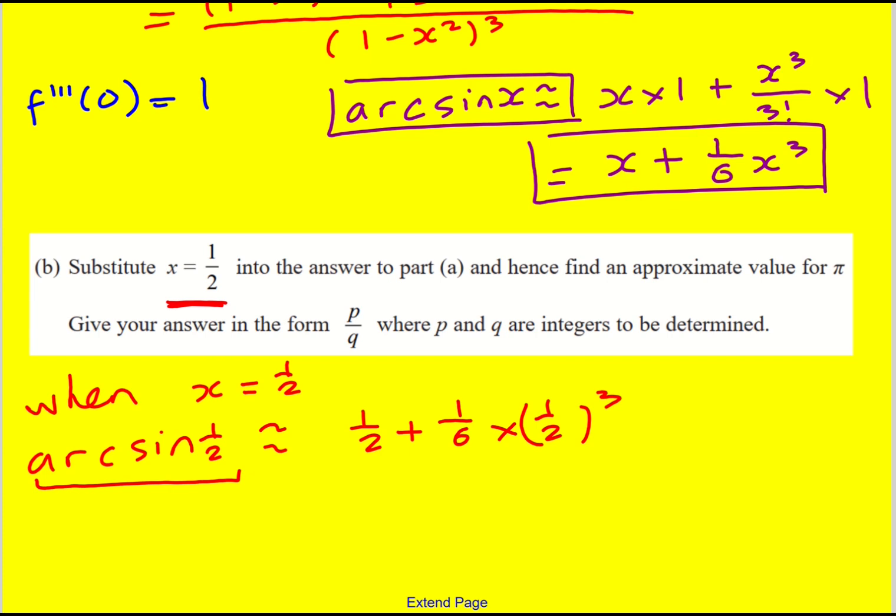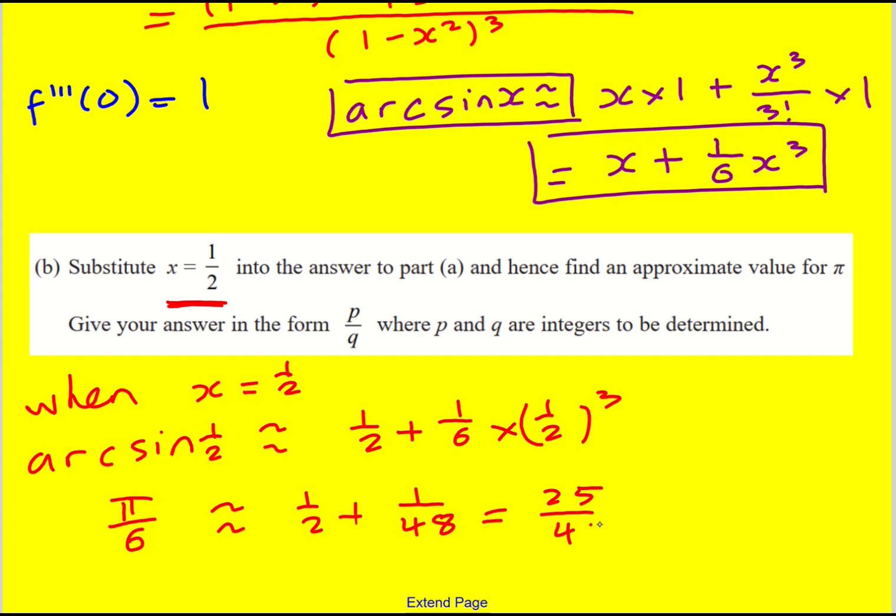But the thing is, arc sine of a half is actually pi over 6. Sine of 30 or sine pi over 6 is a half. Arc sine of a half is pi over 6. Of course, you can get your calculator to check it as well, but if you know your exact values of trig, it's just quite nice to do it without your calculator. So pi over 6 is going to be approximately a half plus 1/6 times 1 over 8. That's 1 over 48. And that ends up being 24 over 48 plus 1 over 48, 25 over 48.